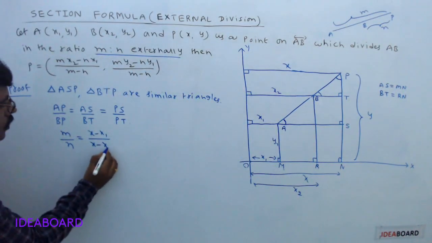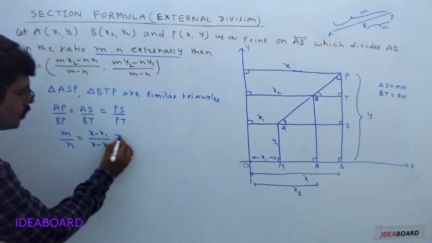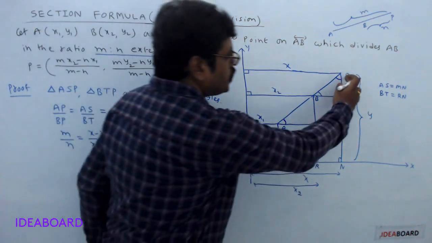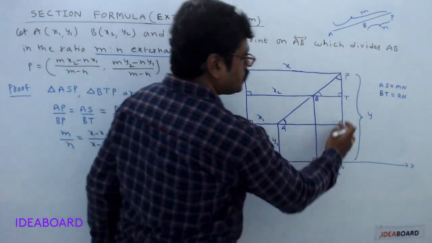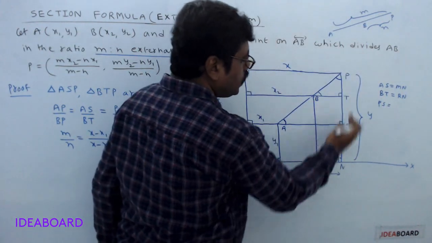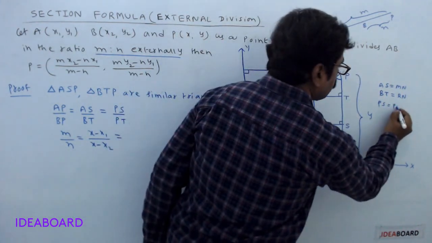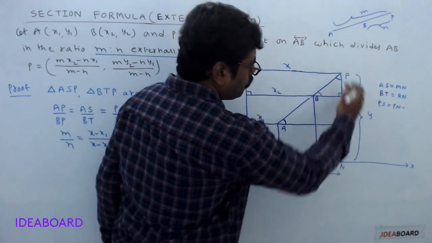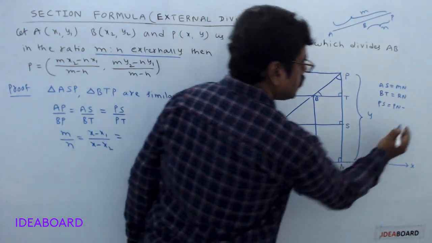So BT value is x minus x2. This is equal to PS. Now this is PS. This PS can be expressed as PN minus SN.